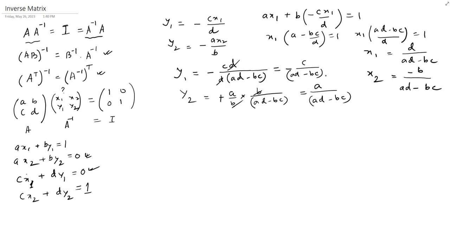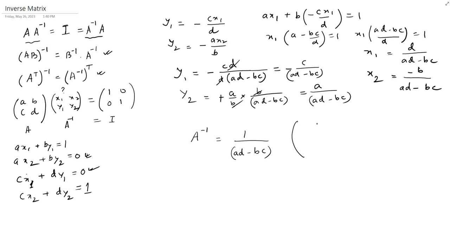Now you can see one thing: what is the common factor here? ad minus bc. So if we put these values x1, x2, y2, y1 into this place, then there is a common factor. So ultimately your A inverse will look like this: 1 by ad minus bc.